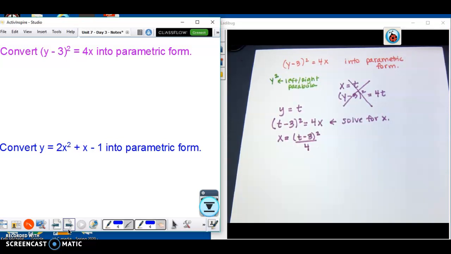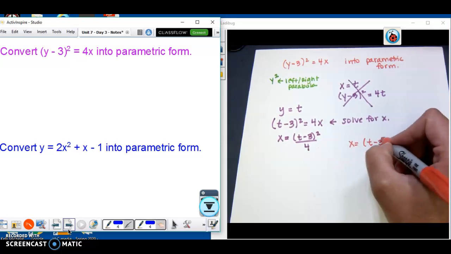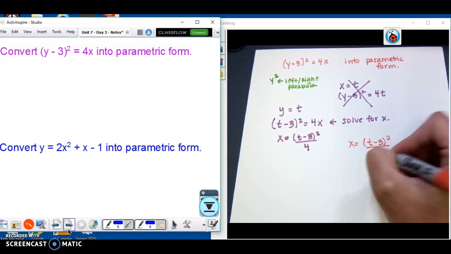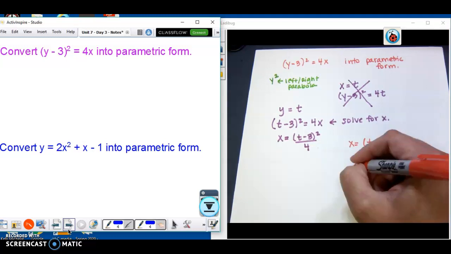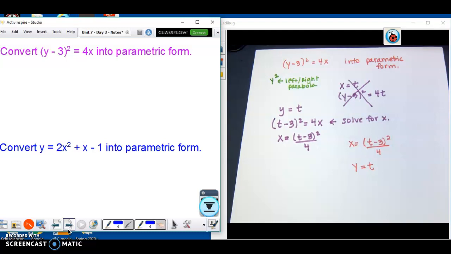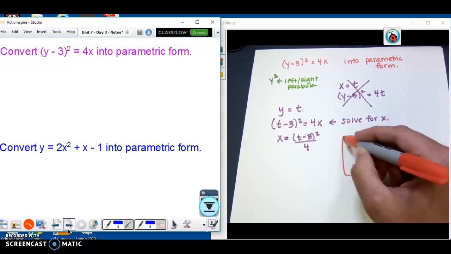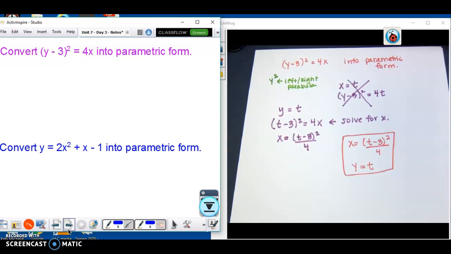So my parametric equations: for x, we have t minus 3 squared over 4, and for y, we have just t. Those represent our parametric equations. They have the parameter t. And this is our set of parametric equations.